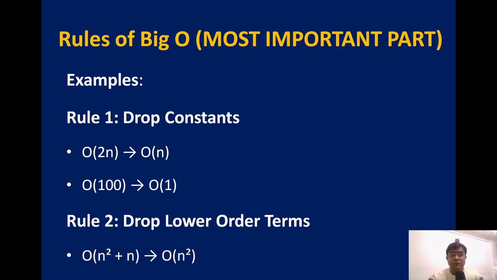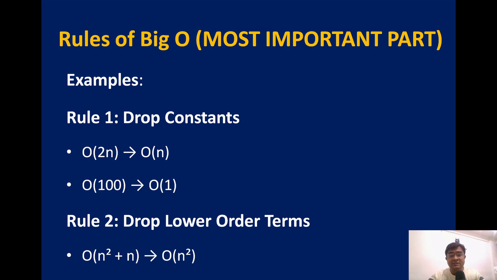Now the rules for big O notation. This is the most important part, so please listen carefully. Rule 1 is to drop the constants.